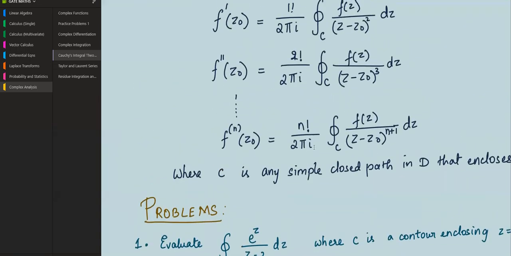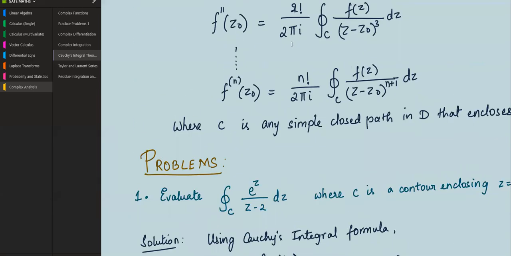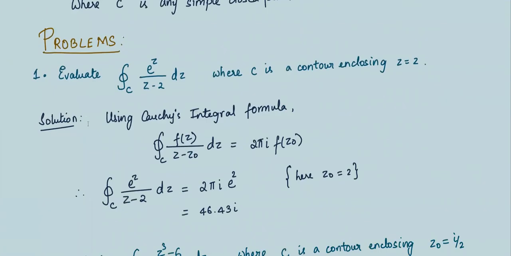So we can use this formula: the integral of f of z by z minus z naught whole power 4 will be the third derivative of f of z naught, times 2 pi I divided by 3 factorial. So we can use this Cauchy's integral theorem method. So if we want, we can do this.